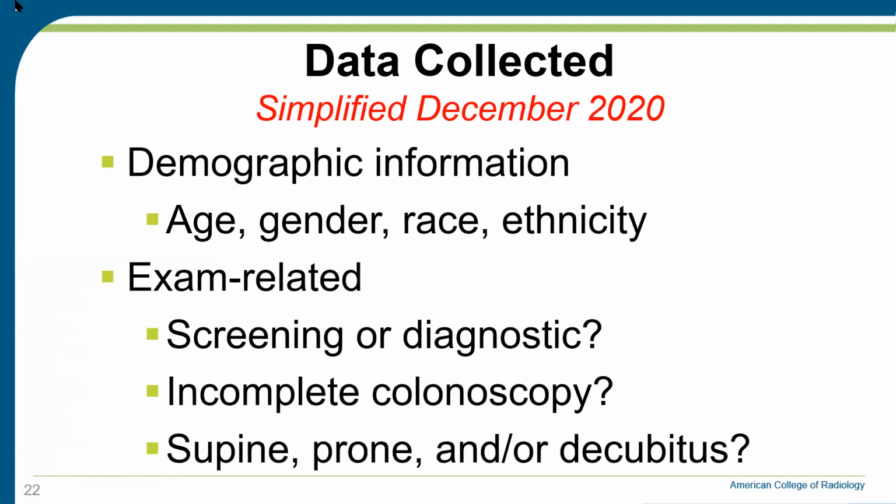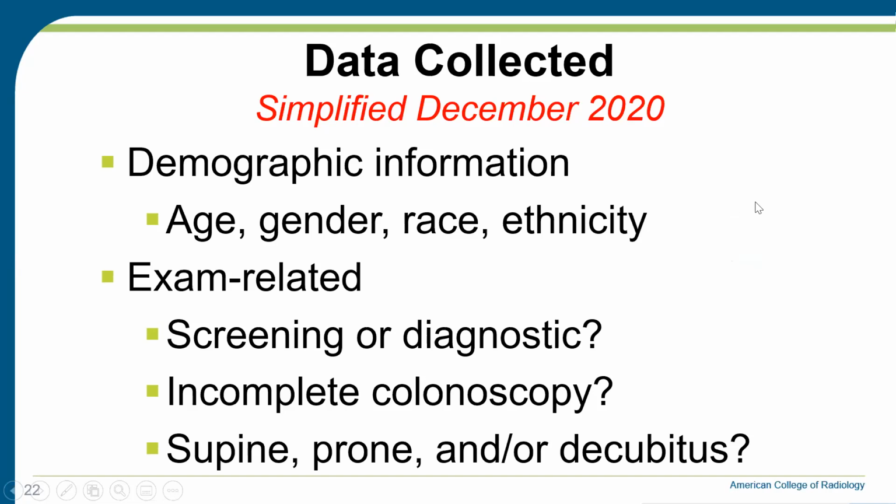Thanks. So I'm going to speak briefly about the data fields that we are collecting in the registry. Our registry committee has been hard at work over the last approximately a year working to simplify the data fields that we are collecting based on user feedback. So these new forms went live in December of 2020.